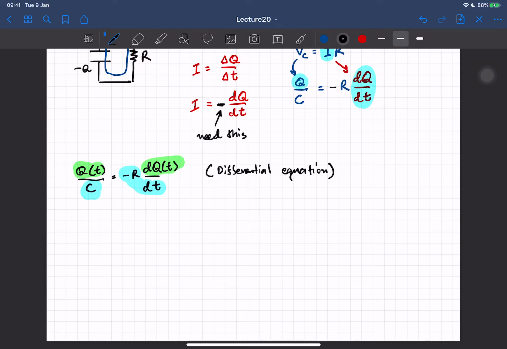So that means what I have is minus 1 over RC dt on one side. This is the blue stuff. And this equals the green stuff, which is 1 over q dq, like this.